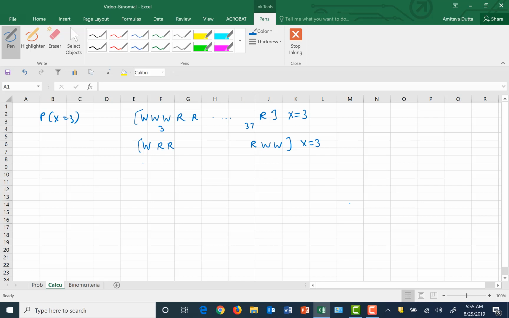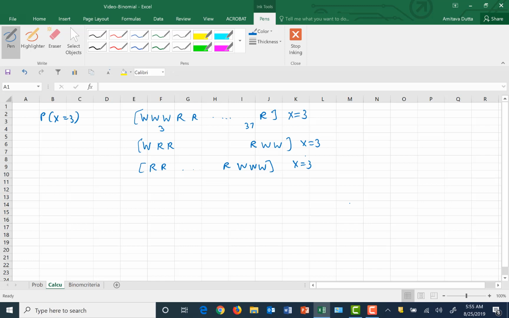Or here's another one: the first 37 students all remain and the last 3 withdraw. So you can see that there are many different sequences of 3 W's and 37 R's. Okay, so we'll come to that.